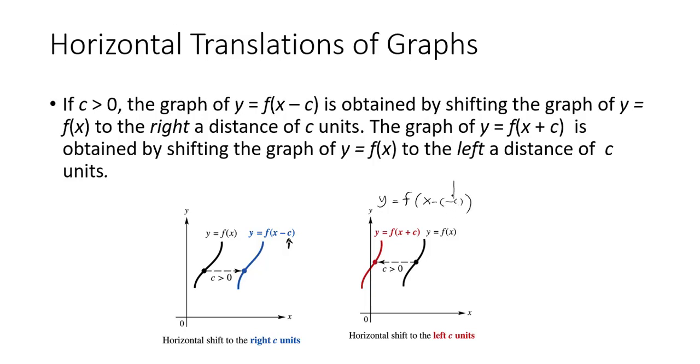So if this number is the shifting factor and this minus is part of the formula, therefore when you see positive here, that means your c is negative, and it shifts to the left.